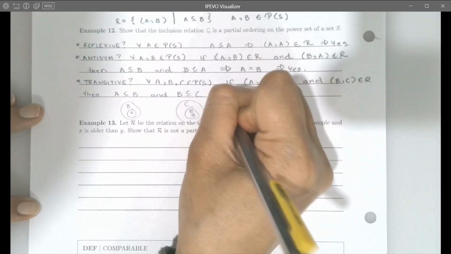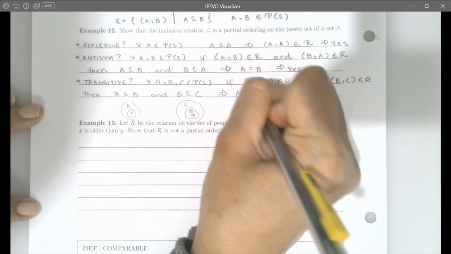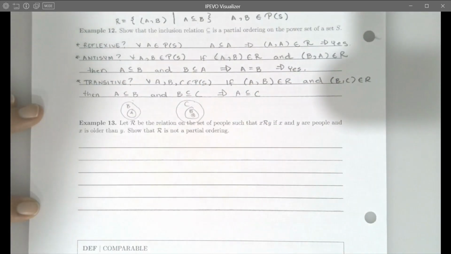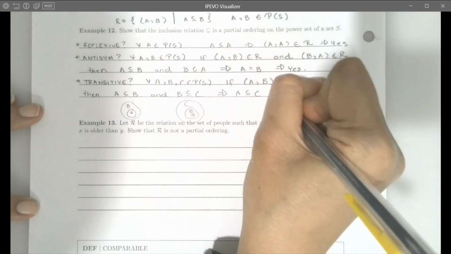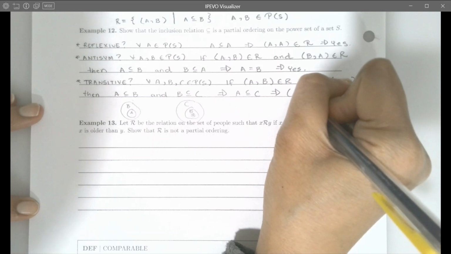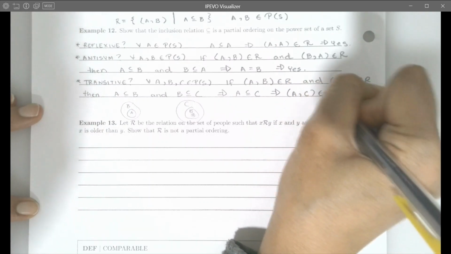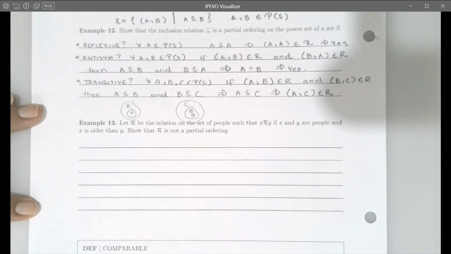So this implies that A is a subset of C. And that means that we also have the ordered pair A comma C as part of the relation.